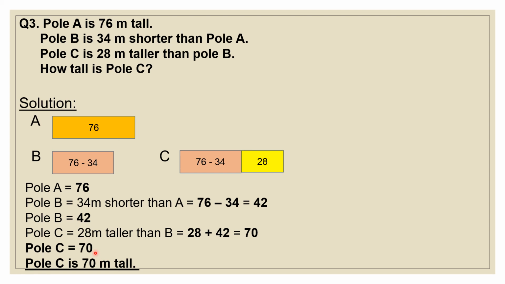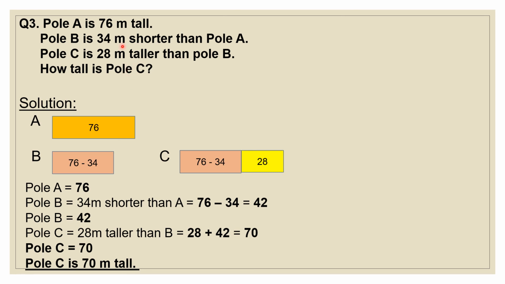You can see that first of all I did the subtraction here to find out the height of pole B, and then I used my answer of pole B to find out the height of pole C. I first did minus because shorter was written, and then I did plus because taller was written, and I got my final answer.